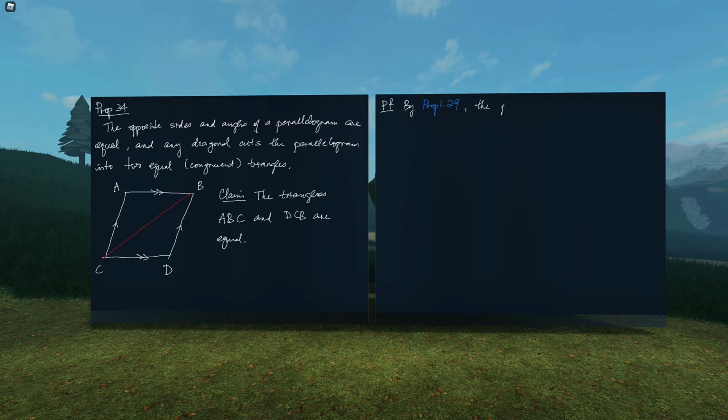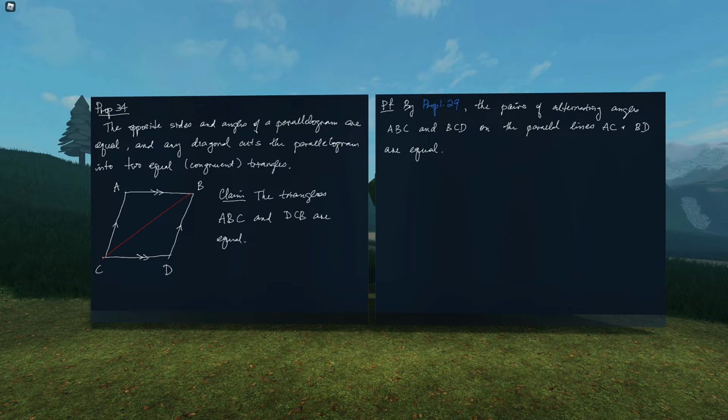So the pairs of alternating angles are ABC and BCD on the parallel lines AC and BD, which are equal.